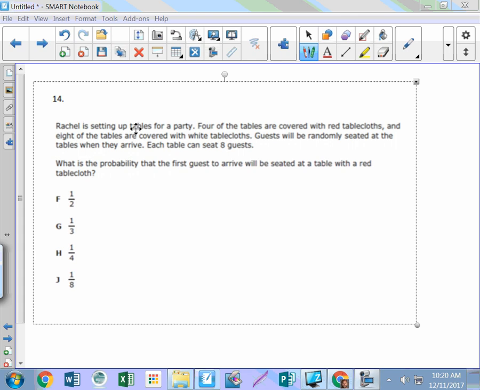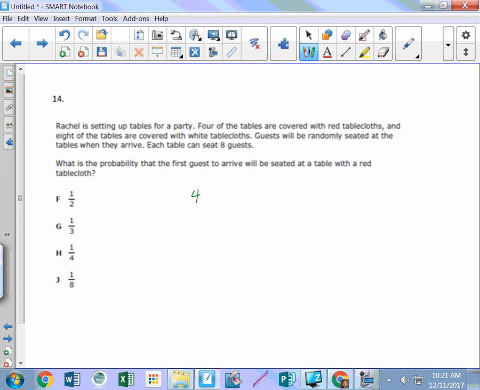So we have 4 red, and 8 white. So that's a total of 12 tables. So out of red, that's 4 out of 12, which is 1 out of 3. G.